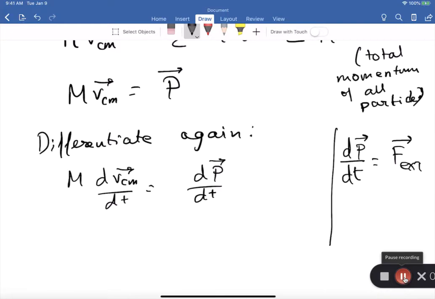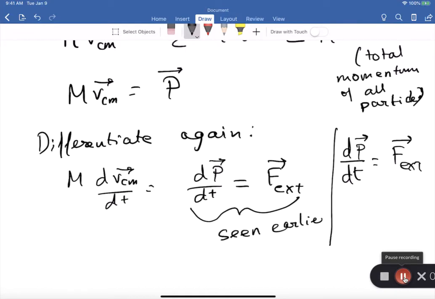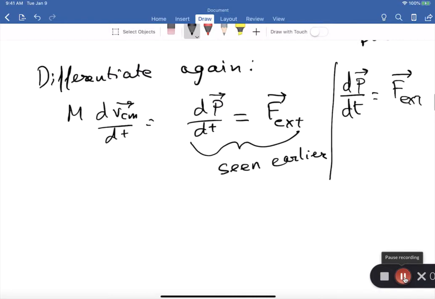So let's just plug that in as well. So this is equal to F external. We had seen this earlier. So from here we can conclude that M A center of mass is equal to the sum of F external.